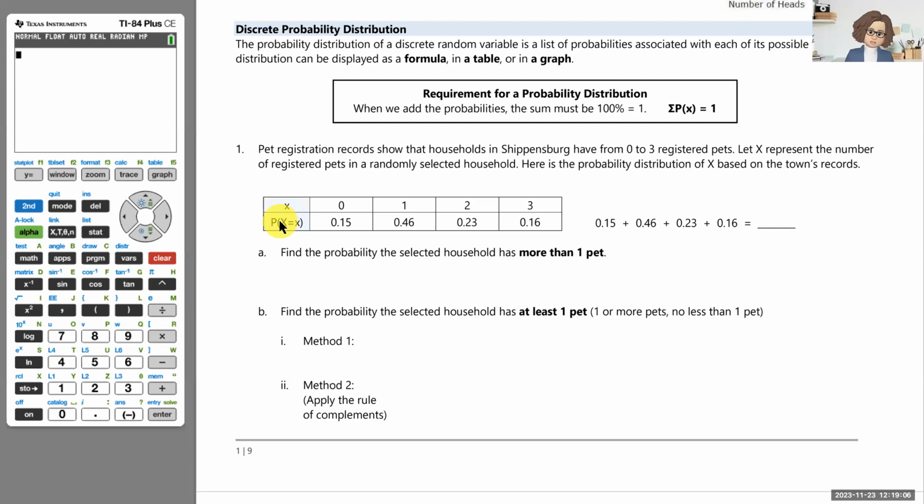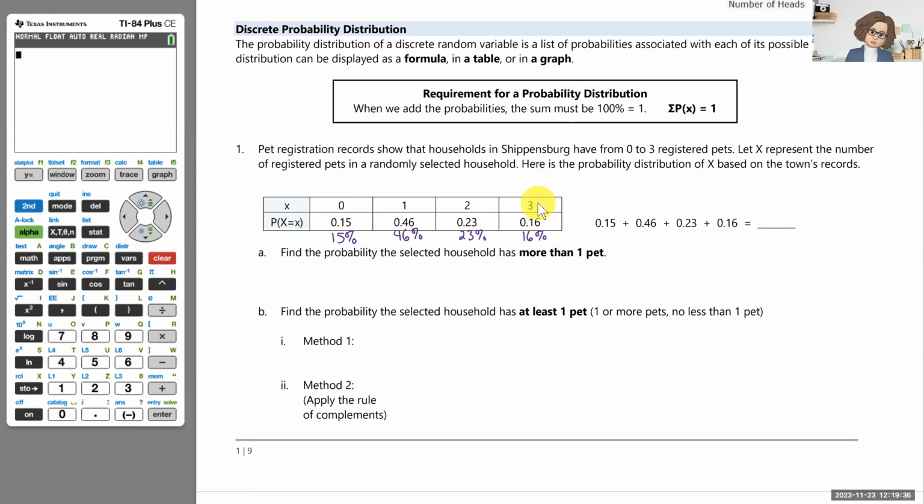All right, so the probability a household has 0 registered pets is 0.15. And I'm going to just speak in percent here. So 15% chance a household has no registered pets. There's a 46% chance they have 1 registered pet, a 23% chance they have 2 registered pets, and then finally a 16% chance they have 3 registered pets.